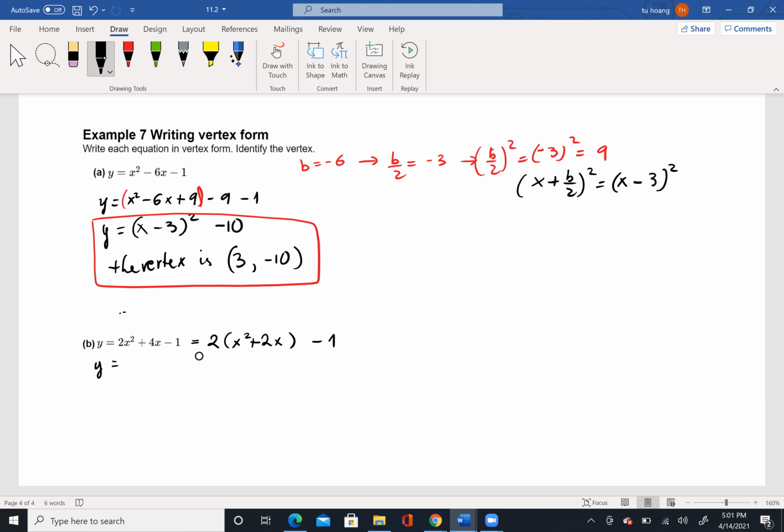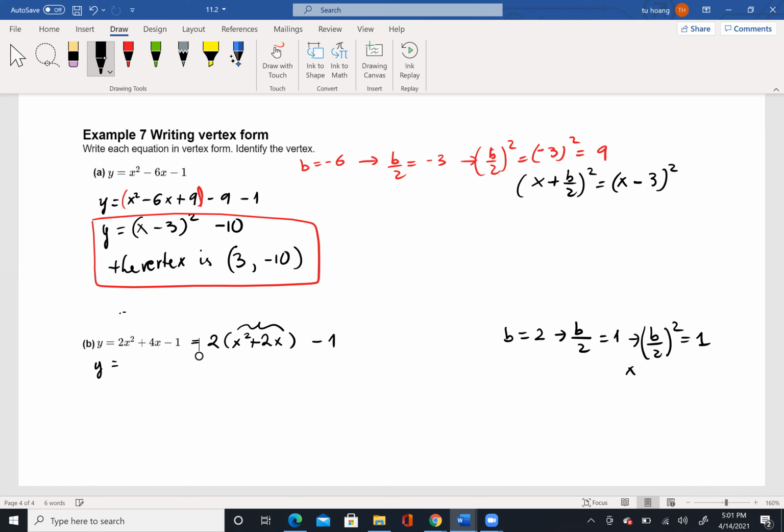So now I try to convert this to a completed square. Okay, so how can I do that? I have to know that b in here is what? 2. Then b over 2 is 1, and b over 2 squared is 1 also.